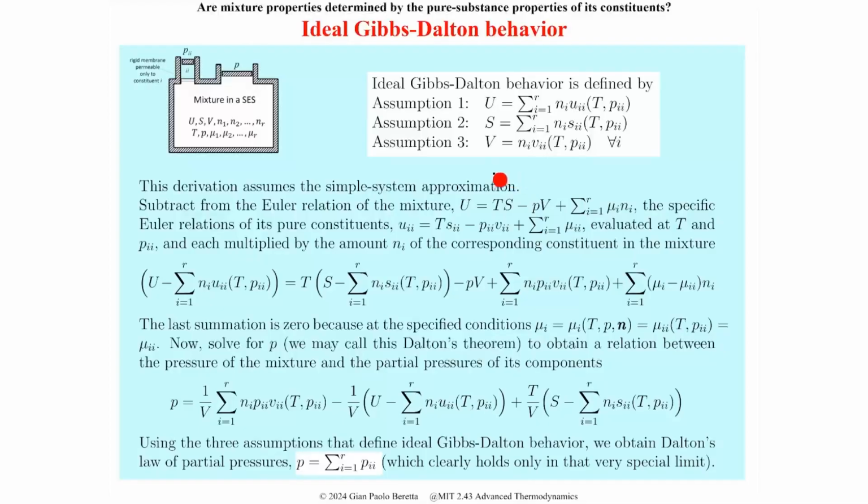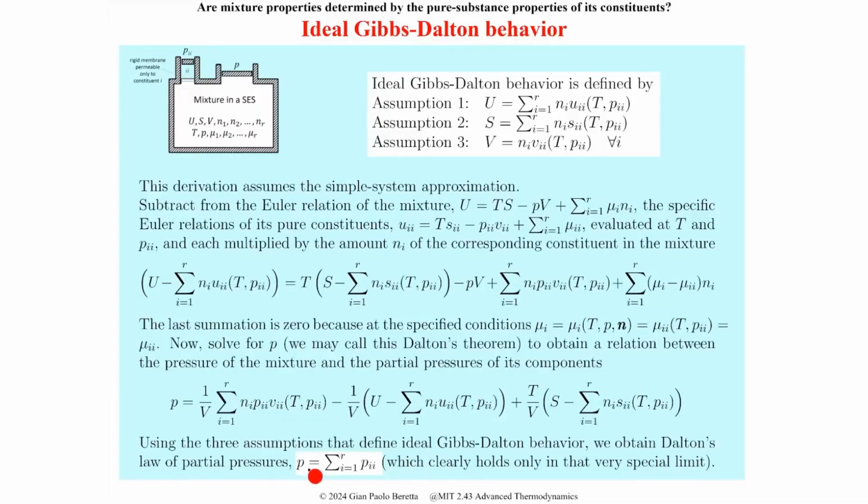And the motivation for this definition that we are going to make here is that we will find that under this approximation, or in this limit, when these assumptions are valid, then we obtain a famous result, which is the Dalton law of additive partial pressures.